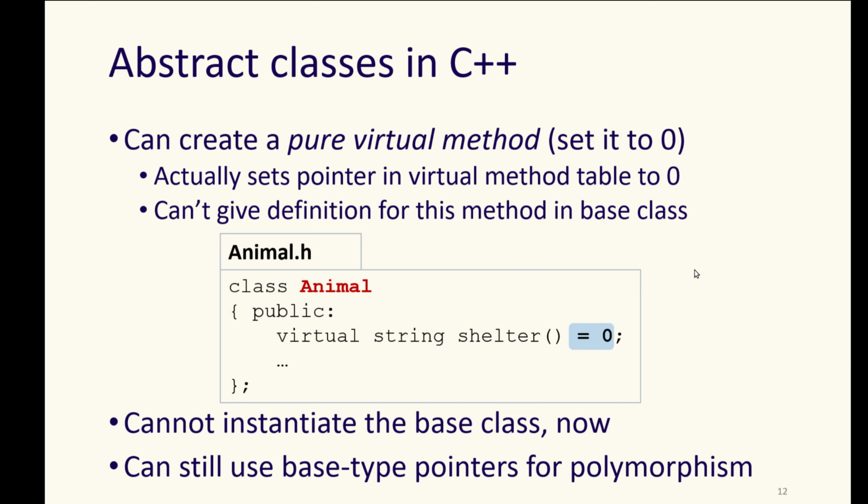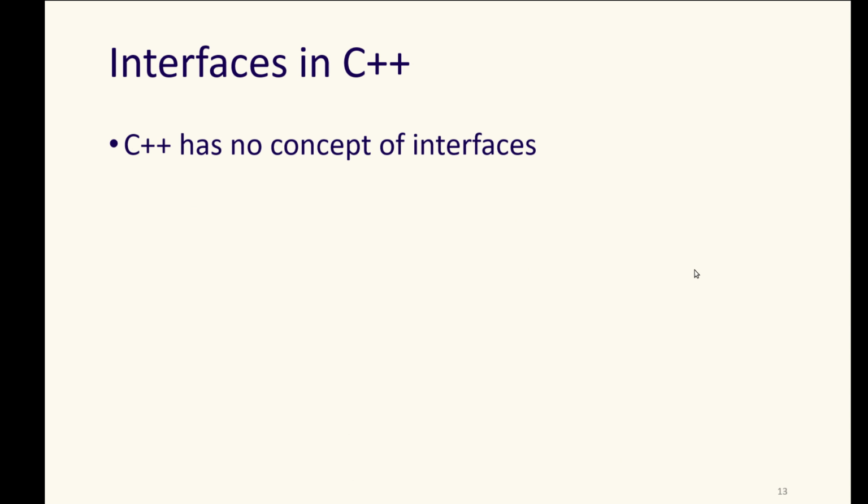You therefore can use those base type pointers to refer to the inheriting types, the subtypes, to get this polymorphic behavior. If you're familiar with interfaces in Java or in other languages, C++ doesn't have a clear keyword for defining an interface.